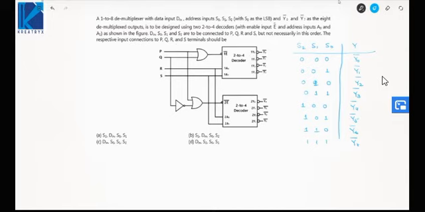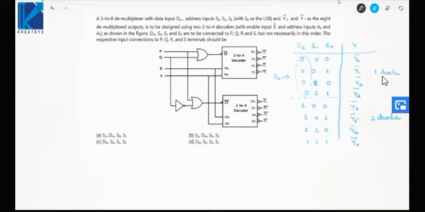So, for these combinations, we must enable the first decoder, and for the lower four, we must enable the second decoder. So, first decoder should work here, second decoder should work here. Okay. Now we have 4 inputs, DIN, S0, S1 and S2. So if you see, for the first decoder, S2 is permanently 0.